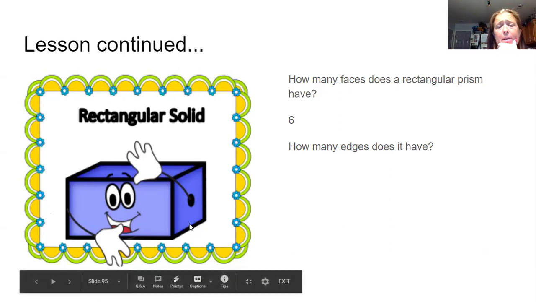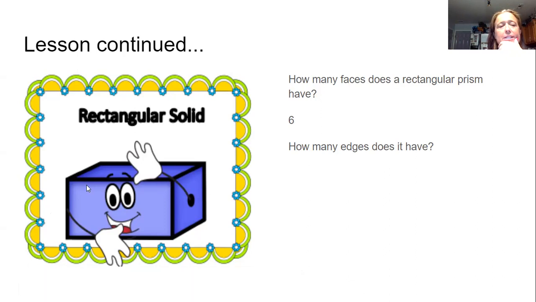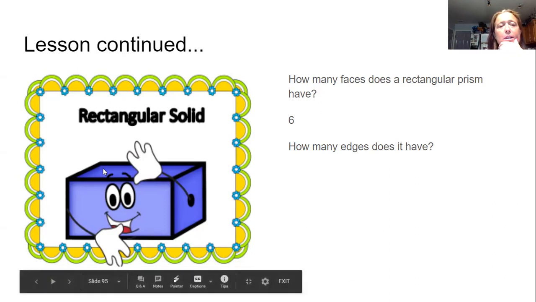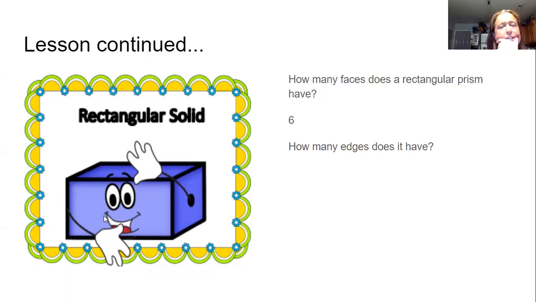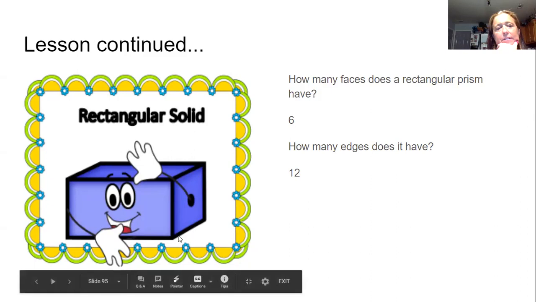Then you have the 4 on the bottom, and then you count 5, 6, 7, and then the one in the back we can't see, 8. Keep going. If you count all of them, they end up with 12. 4, 5, 6, 7, 8, 9, 10, 11, 12.